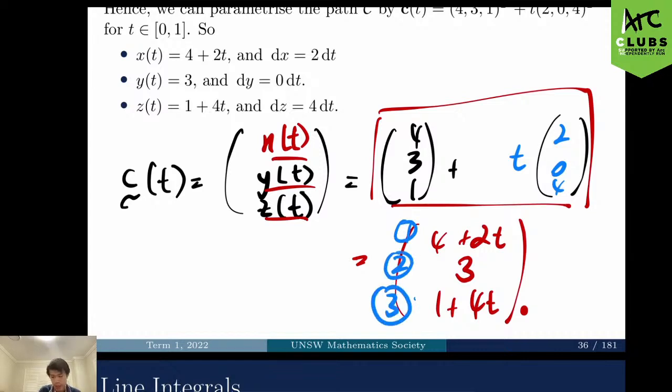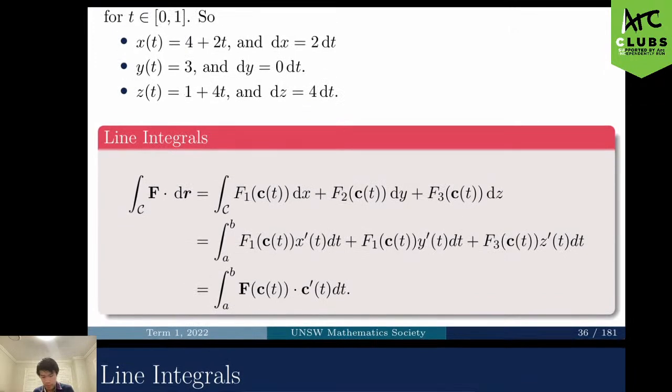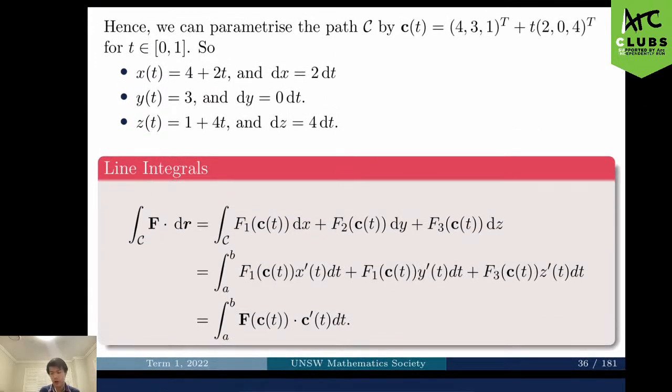So now this is x(t), this is y(t), this is z(t). Let's go back and look at this formula again, because hopefully it will make a bit more sense. We've got C(t), and now that we've gotten it into t space, we changed it from x, y, z to t, we can change this vague C symbol to our range for t. And hopefully we remember the range for t is 0 to 1.